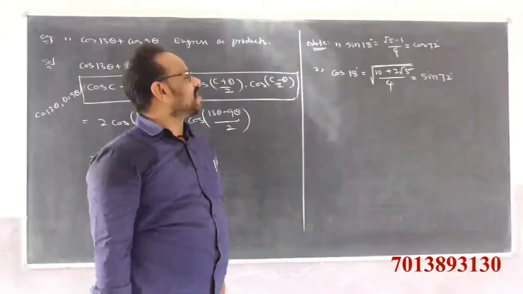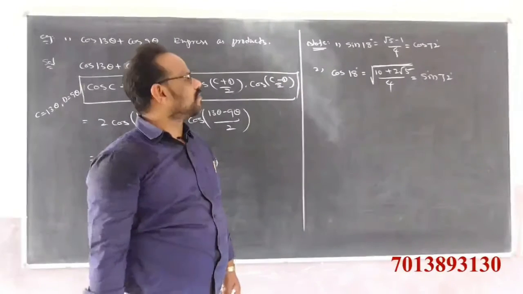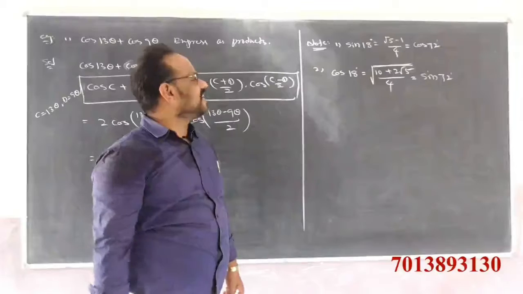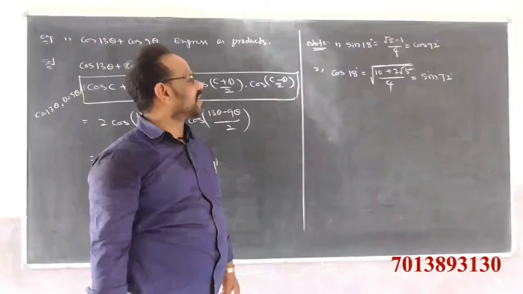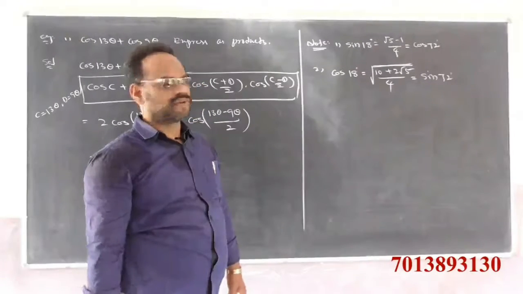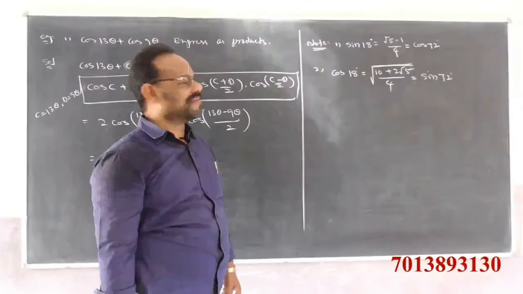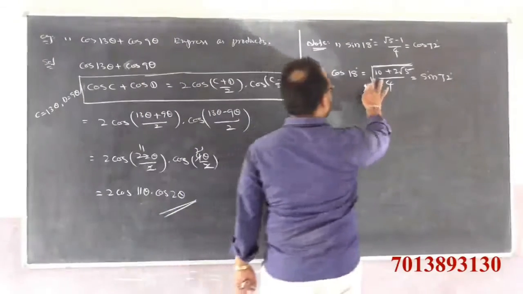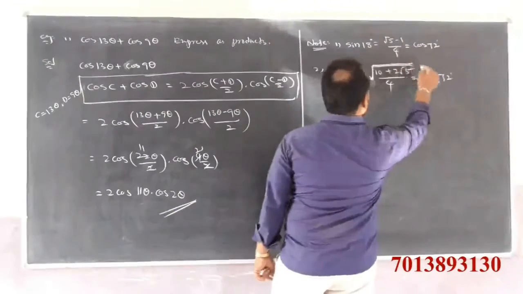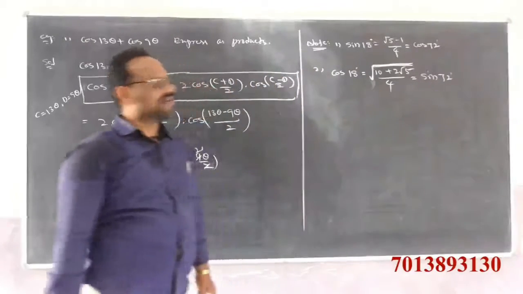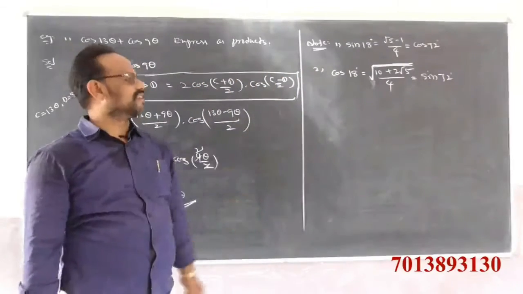So sin 18 value is square root of 5 minus 1 by 4, and cos 18 value is square root of 10 plus 2 root 5 by 4, which is sin 72.